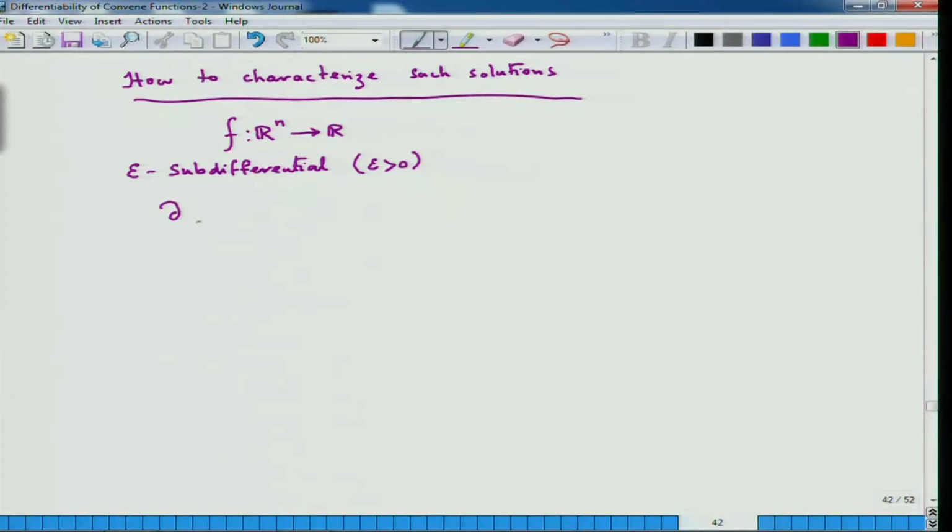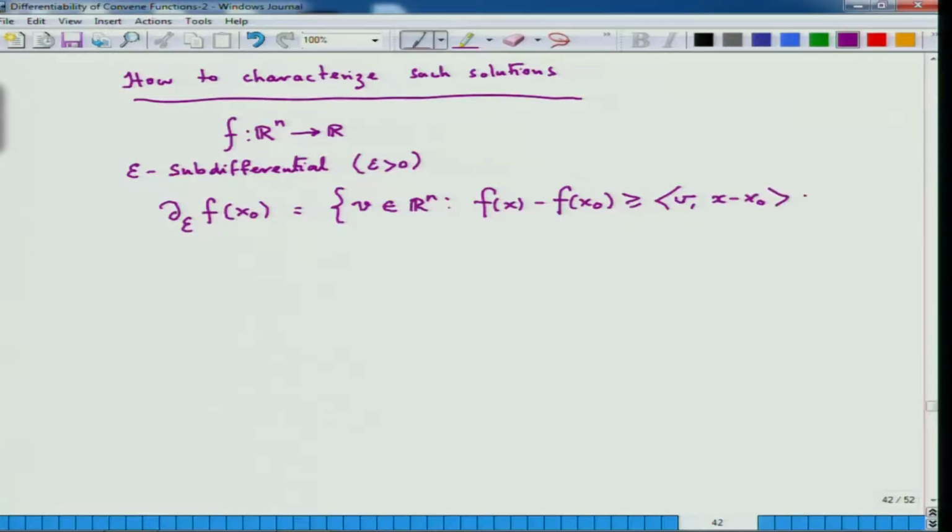The epsilon subdifferential at any point x naught is defined as the set of all v in R n such that f of x minus f of x naught is bigger than v times x minus x naught, minus epsilon, for all x. Now, this del epsilon f of x naught is very important from the computational viewpoint, from the point of view of algorithms.